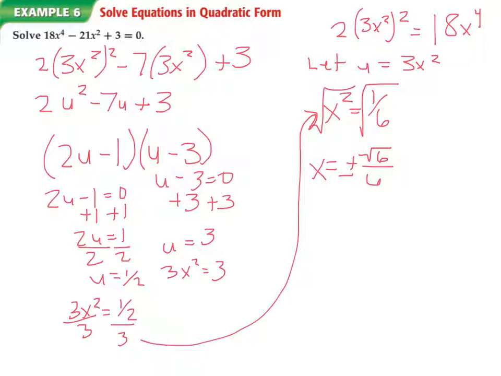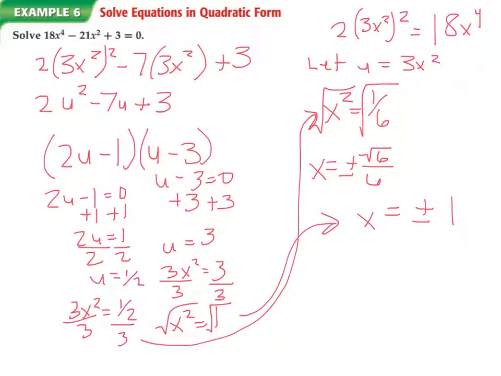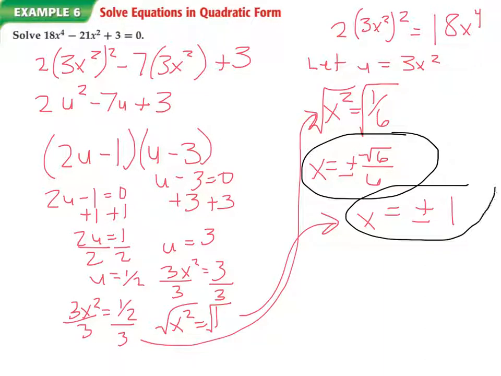Then for our second example, if we're solving for x, we can divide by 3 on both sides. So we end up with x squared equals 1. And if I take the square root of both sides, I'm going to end up with x is equal to plus or minus 1. So our solutions are going to be x equals plus or minus square root of 6 over 6, and x equals plus or minus 1.